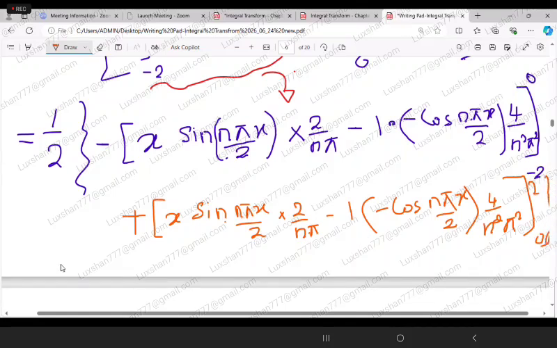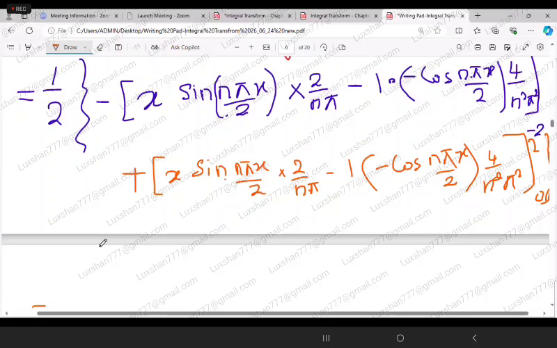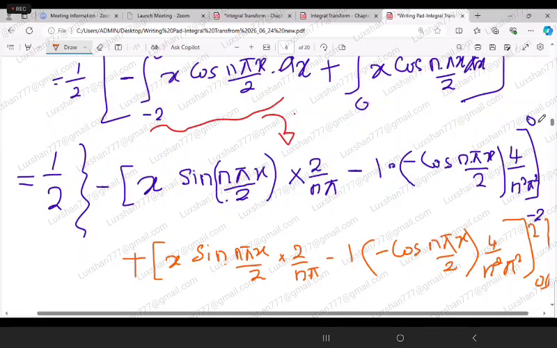So now we want to evaluate this one. If you evaluate the first one, if you put x equals 0, this part becomes 0, this part becomes 0. Here minus into minus becomes plus, and if you put x equals 0, this becomes 1.